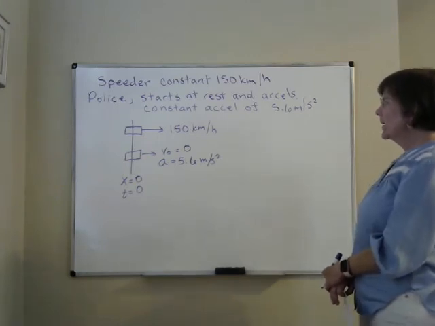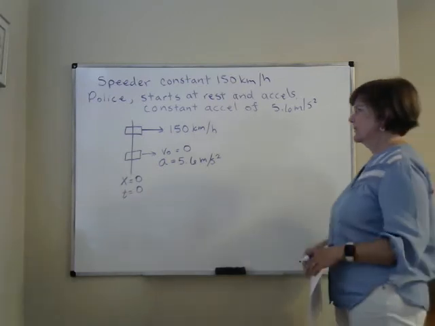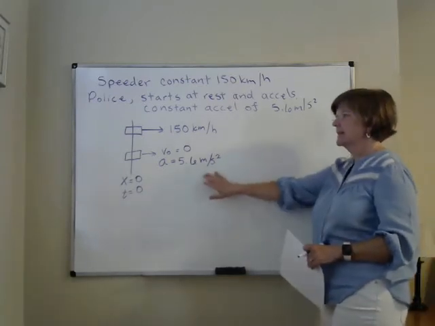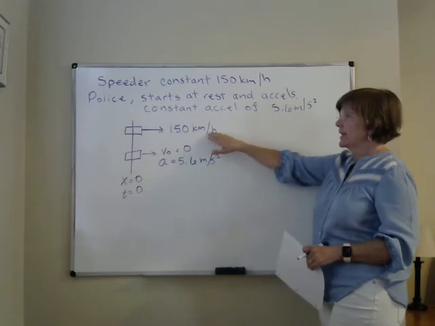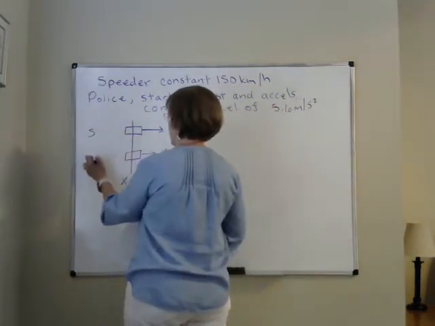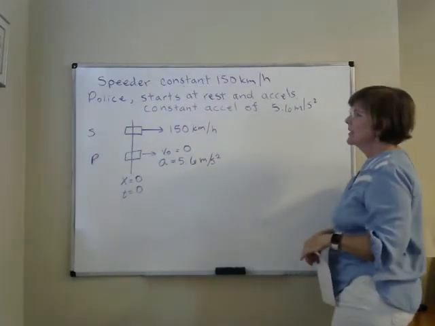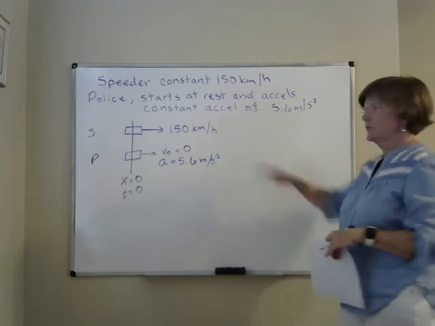Okay. One of the things we see right away is we've got a mixture of units. We've got acceleration in meters and seconds. We've got the speed of the car, the speeder, and the police. The speeder's is 150 kilometers per hour, so we'll want to change that to meters per second.